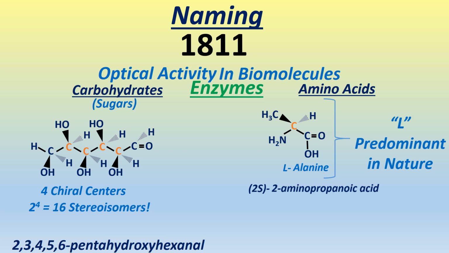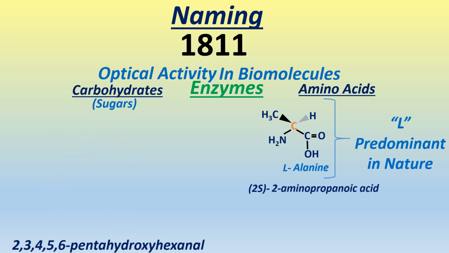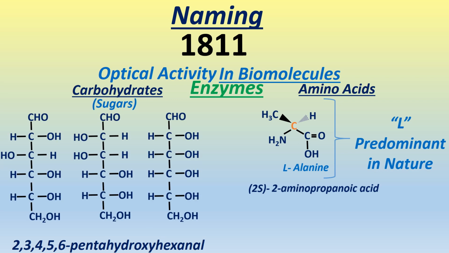However, practically speaking, once again, these carbohydrates are biomolecules, and they're made by enzymes. So in nature, one winds up with the glucose, mannose, and allose as distinct molecules, and only the D form of these molecules appears in nature.